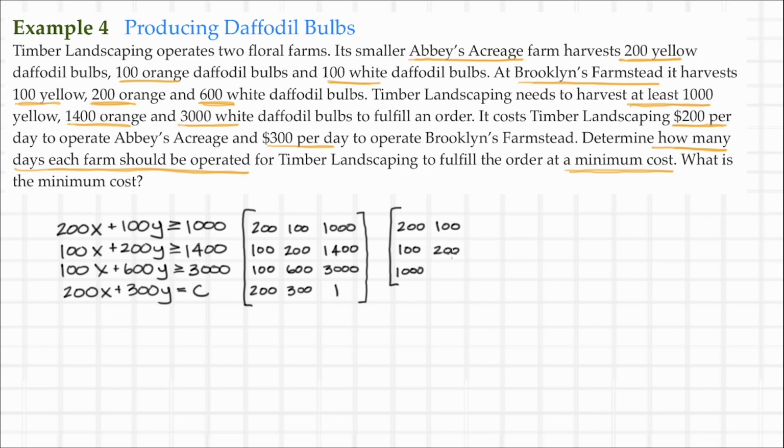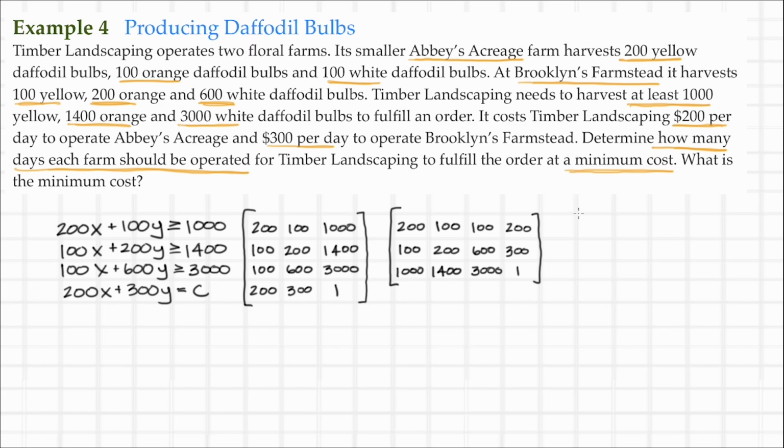Then 100, 600, and 3000. And for the last row, we'll do 200, 300, and 1, and then we'll close off the matrix. So this is the transposed matrix of our primal minimization problem. We're going to use this matrix now to make the dual problem for this scenario.